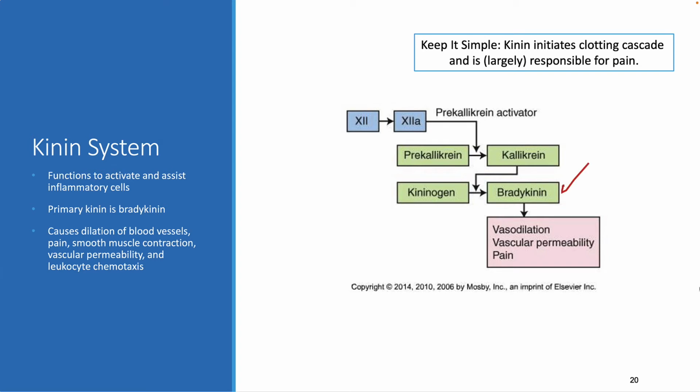If you know of people who get a cough on an ACE inhibitor, that's because of bradykinin, and that causes vasodilation and vascular permeability in the lungs, and that's what is responsible for the cough. So we've heard of some of these things before, but it's really the initiation of the clotting cascade at factor 12A that is the kinin system.